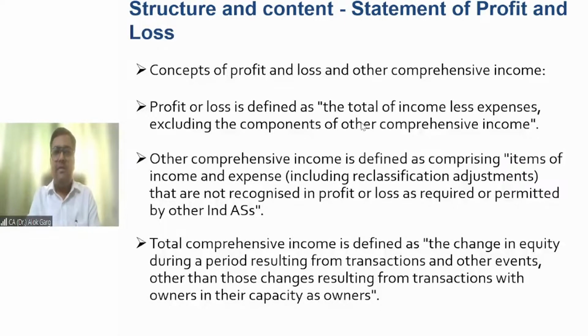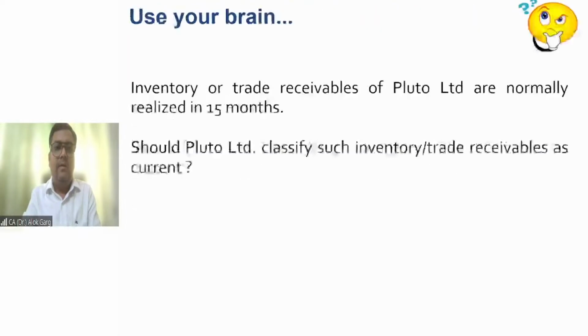So anything which is going to be realized within 12, within 15 months, it will be current only. Right? Yes. So these inventory and trade receivables should be classified as current. Okay, guys.